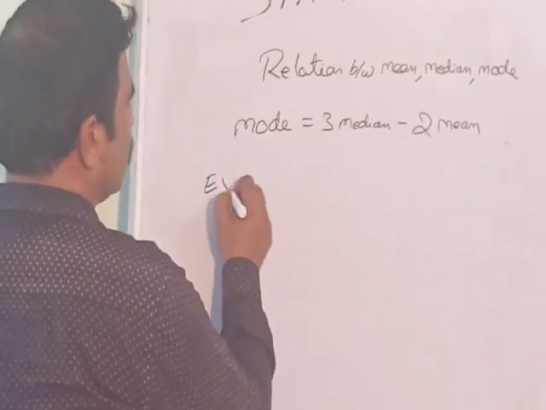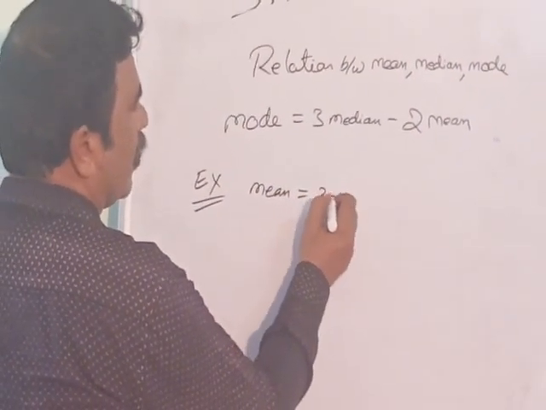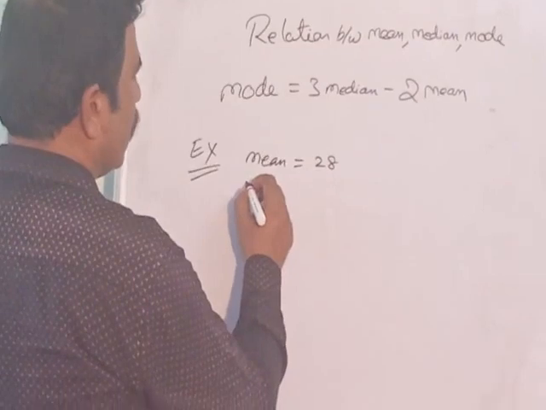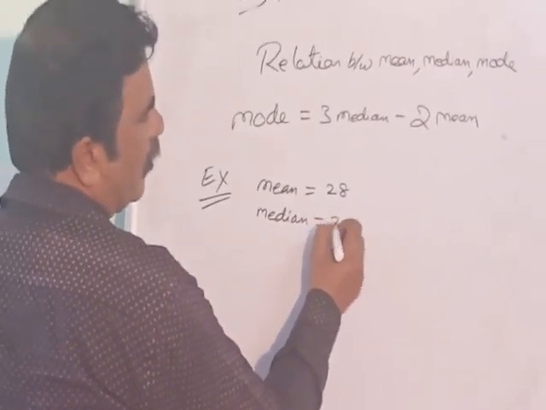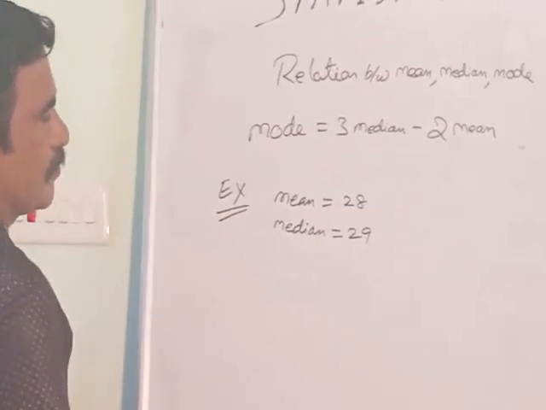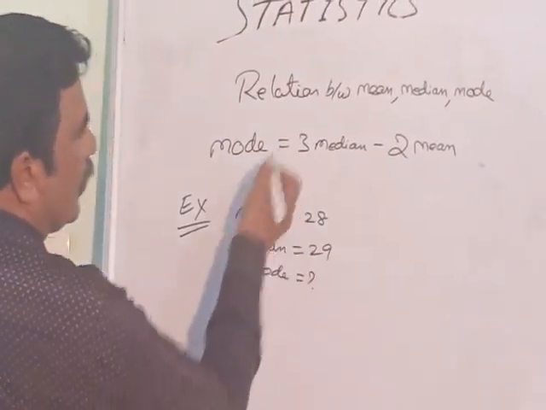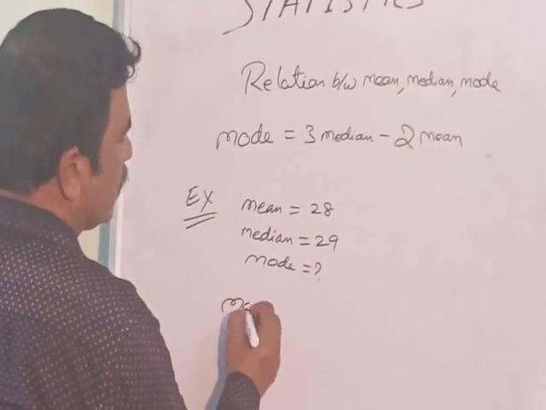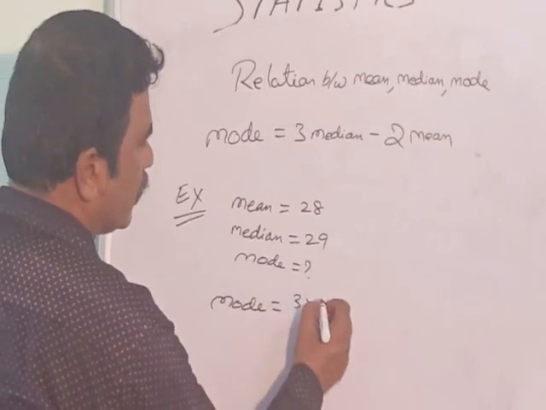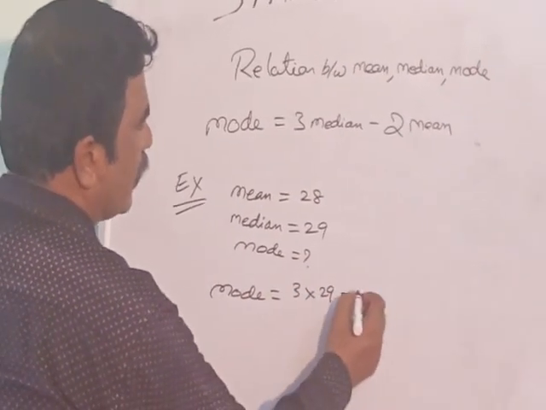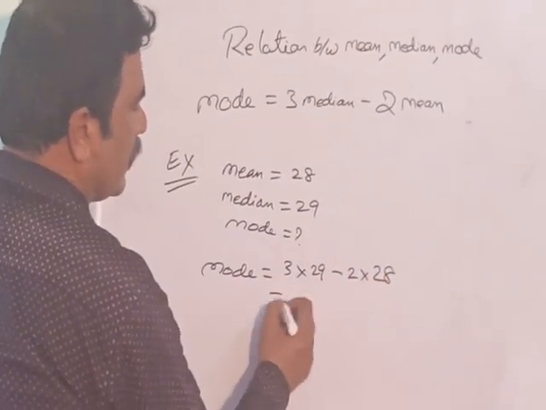Example: if mean is equal to 28, median is equal to 29, we can find the mode from this. Substitute in this: mode is equal to 3 into median, that is 29, minus 2 into mean. Mean how much? 28.